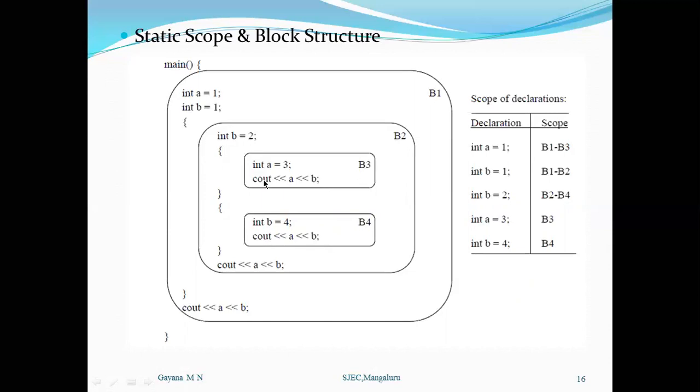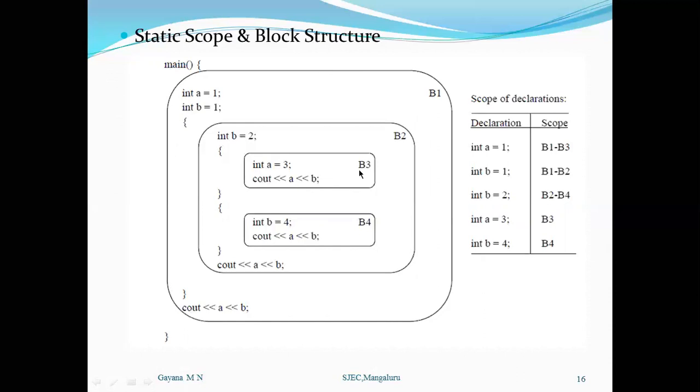Okay. Now, what is the scope of the declaration? We will see, starting from int a equal to 1. Correct? So what is the scope of int a equal to 1? To see the scope of a equal to 1, we just see the usage of the same variable in other places where it might have been used. The usage of a equal to 1, of course, must be entirely within the block B1, correct? Except for block B3.